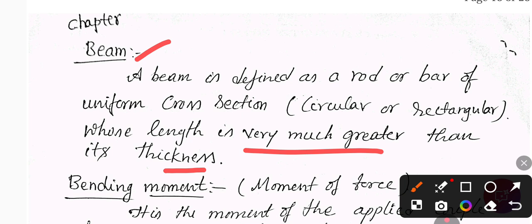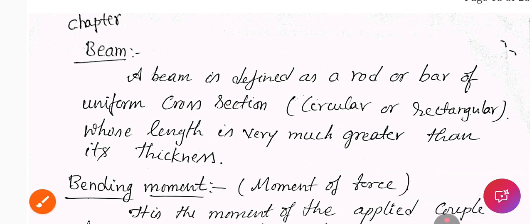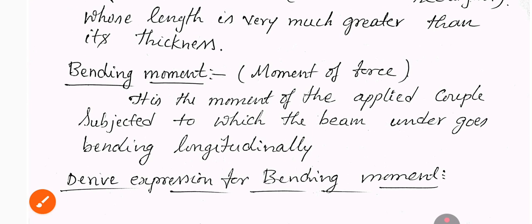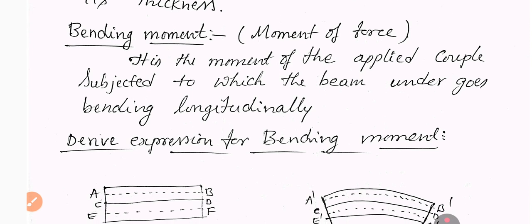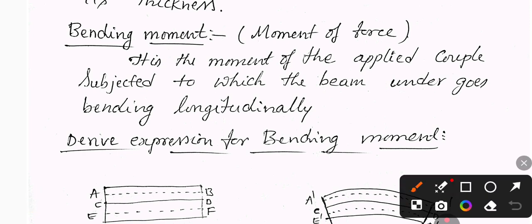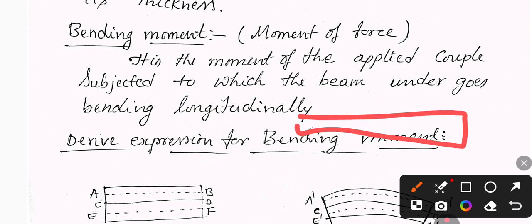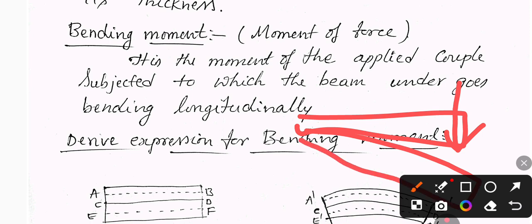So let's calculate its bending moment. First of all, what is bending moment? When a beam is considered, we apply a couple, subject to which it changes in this way.